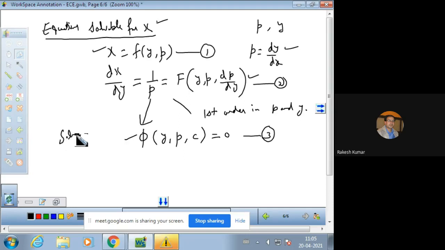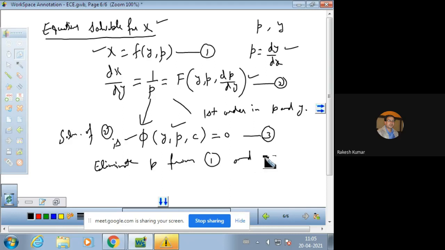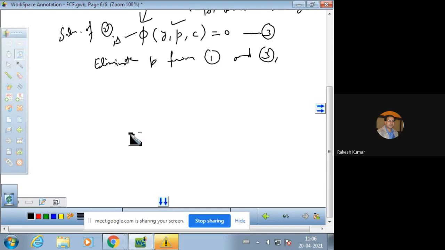The solution of 2 is, we suppose, of this type. Now you will eliminate p from equation number 1 and the solution 3. And after eliminating p, you will have an equation in terms of x and y.